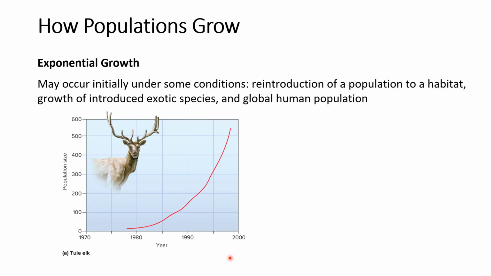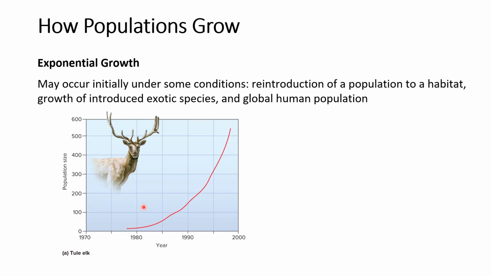Here we're looking at elk populations in Yellowstone. I had mentioned those. You notice that the elk population was growing exponentially when wolves, which were their main predator, were removed from Yellowstone National Park. There was nothing limiting them.